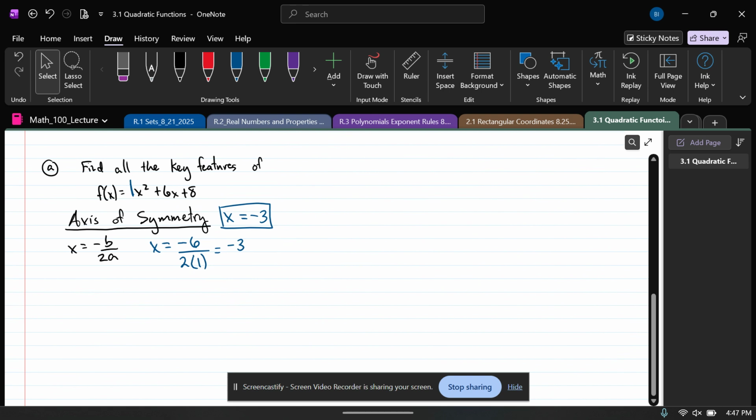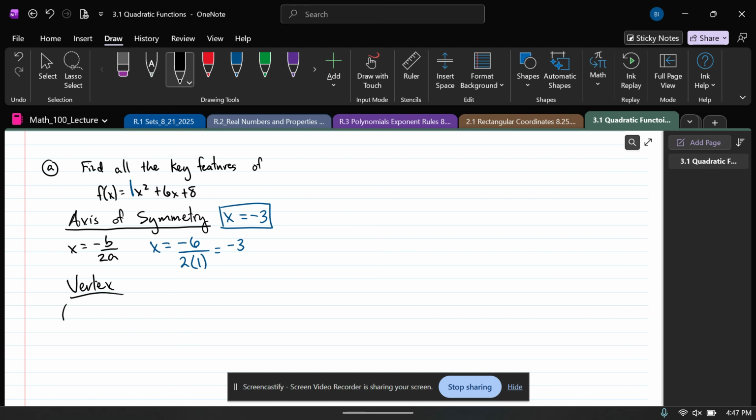Then I'm going to use that to help me find the vertex. Remember on the vertex that the x value of the vertex is negative b over 2a, which is the same number as the axis of symmetry. So I know my vertex, the x value is negative 3. To find the y value, I'm going to plug that in for x.